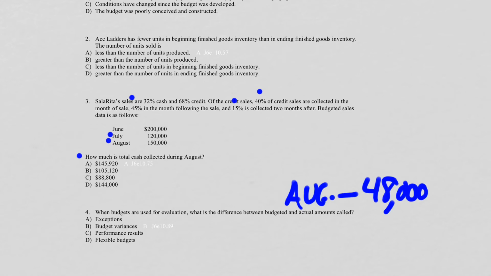Well, they get a certain amount of cash in July, but 68% of it was credit, and that 68% that was credit in July gets collected in August. At least 40% is in the month of sale.